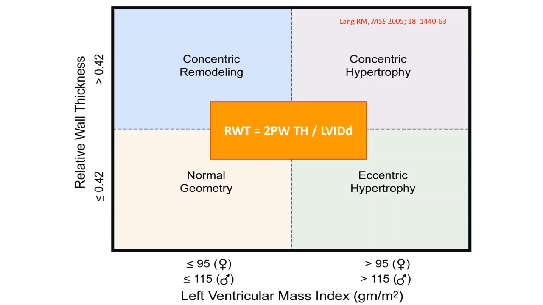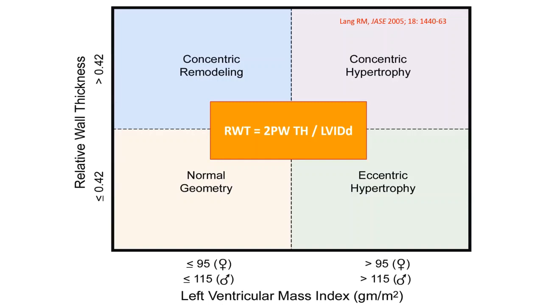Some have argued that if you use body surface area as opposed to, say, height to index your left ventricular mass value, you will classify patients as having normal left ventricular mass index who are obese. And some have argued that height or other metrics, height raised to some exponent, might be a preferred method because it does not allow obese people to skate in terms of the designation of left ventricular hypertrophy.